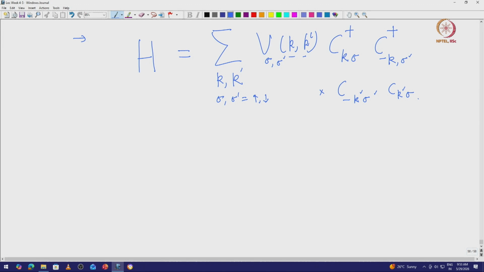With reordering of these creation and annihilation operators, you can get to most of this generic Hamiltonian, which you obtain either from electron-phonon coupling or spin fluctuation mediated interactions and so on.